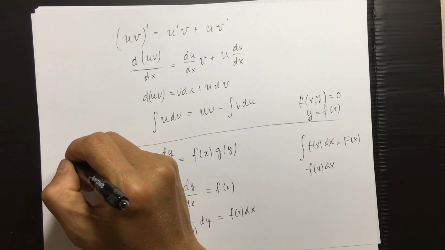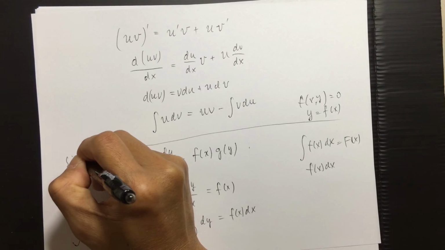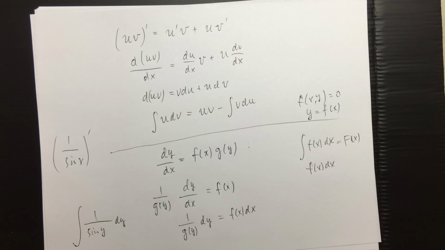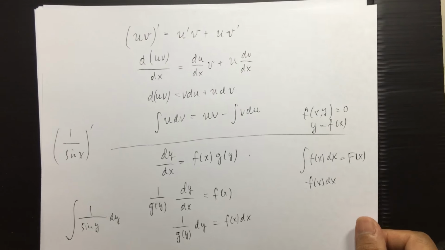Okay, let's say this. 1 over sine x. Take a derivative. How do you do that? Derivative is always easier. You just do the quotient thing, take the derivative of 1 and then sine x. Okay, you show me how to do it. I don't know.